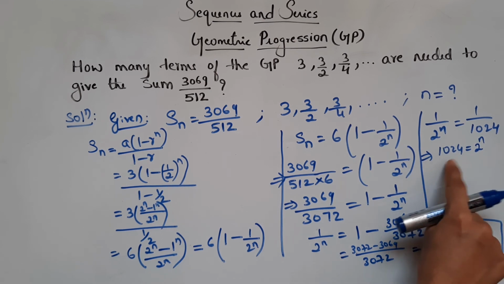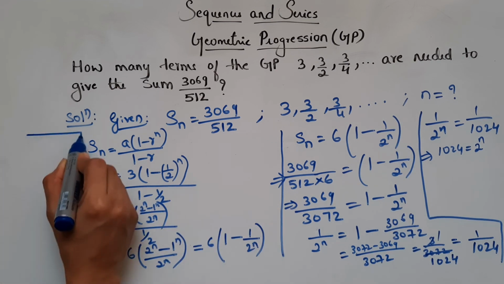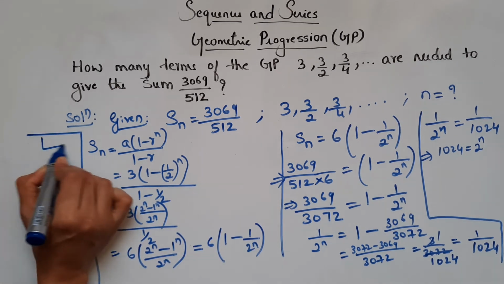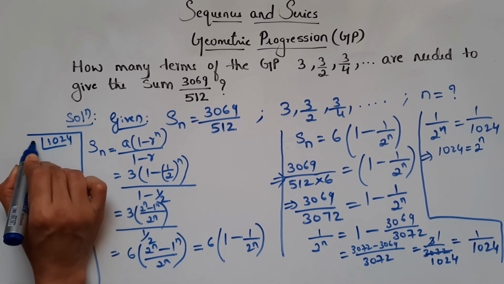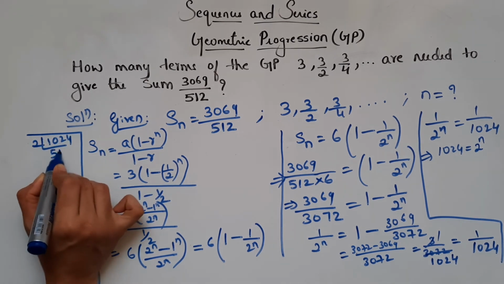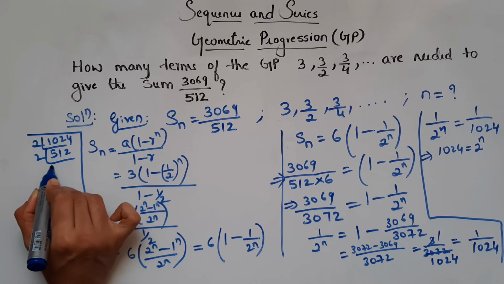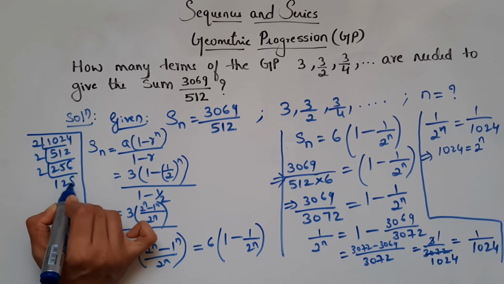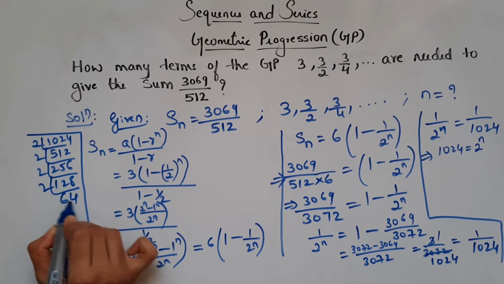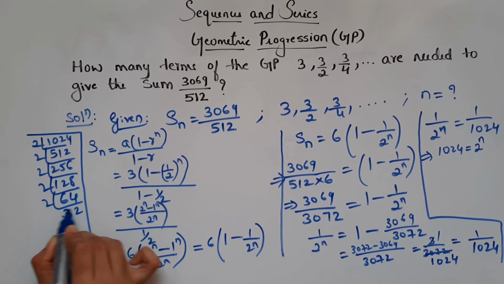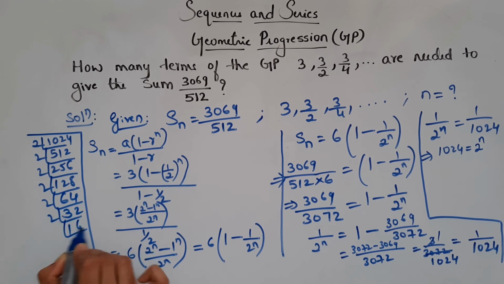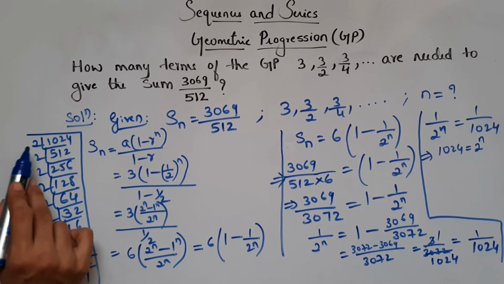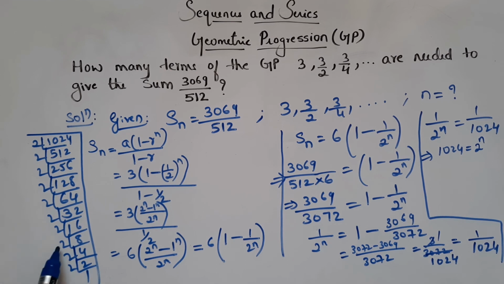So let me divide 1024 by 2 repeatedly. 1024 by 2 is 512, then 256, 128, 64, 32, 16, 8, 4, 2 and 1. Counting the 2s, 1 2 3 4 5 6 7 8 9 10.